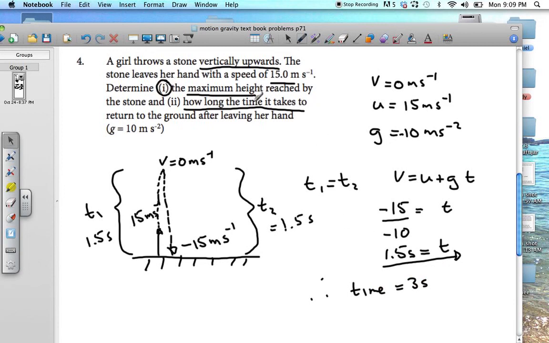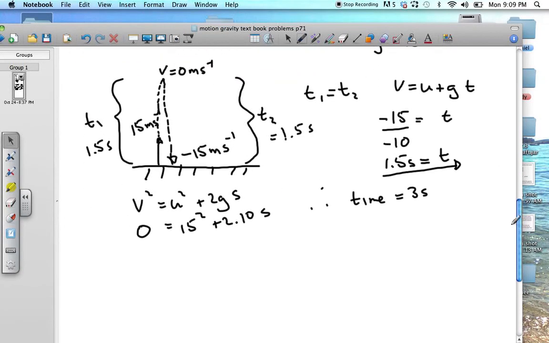The maximum height. So here we're going to use, probably we can use this one. V squared is equal to U squared plus 2GS. That's with all the information I've been given. V is 0. This is 15 squared plus 2 times 10 times S. I'll just bring this down a little bit. 15 squared is 225.